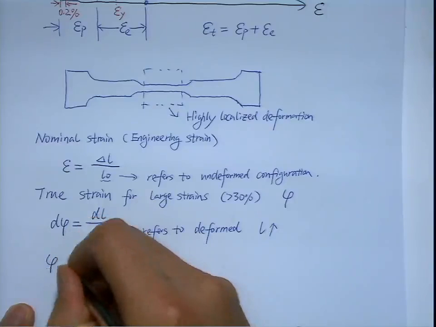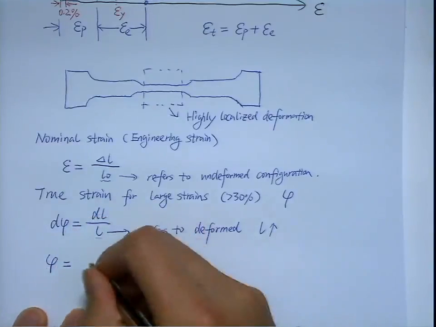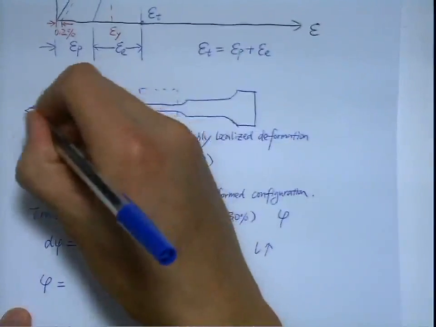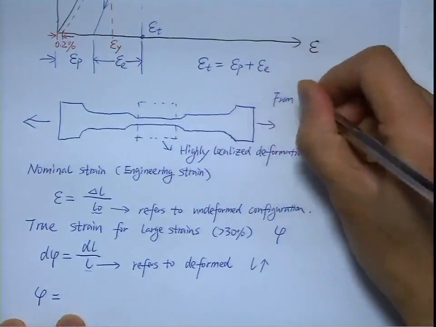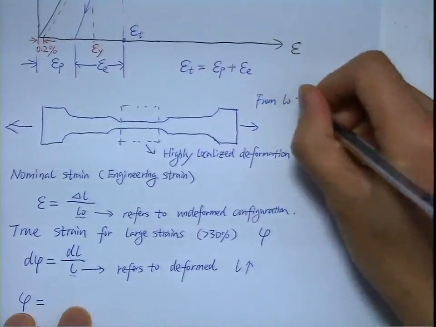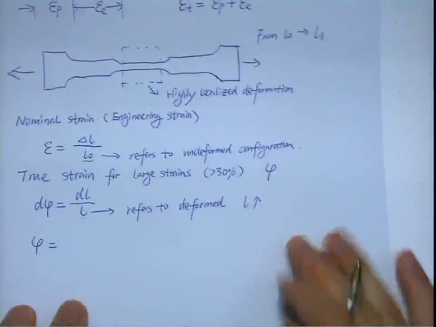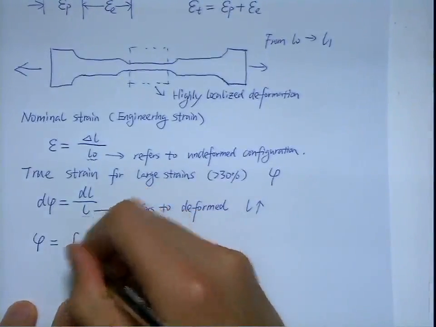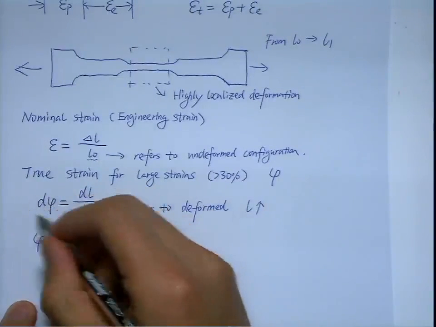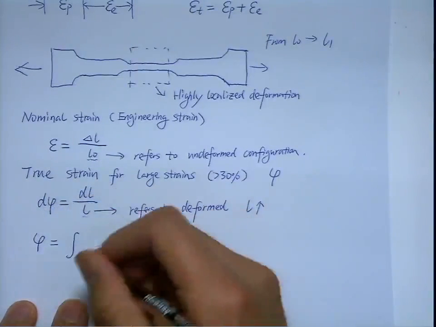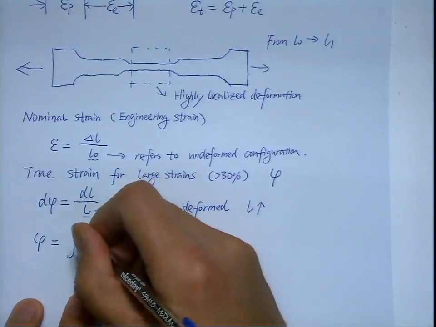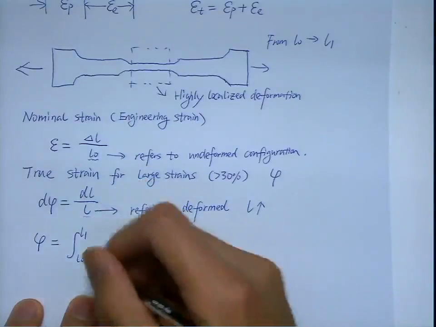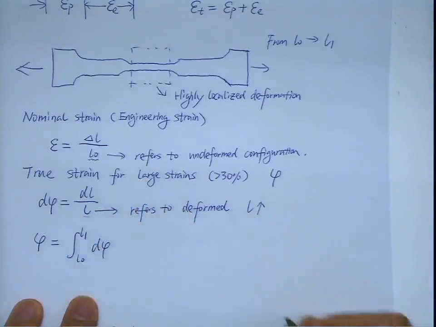So basically, suppose you're loading the material from original length L0 to L1. We integrate this tiny little strain from the beginning L0 to L1.